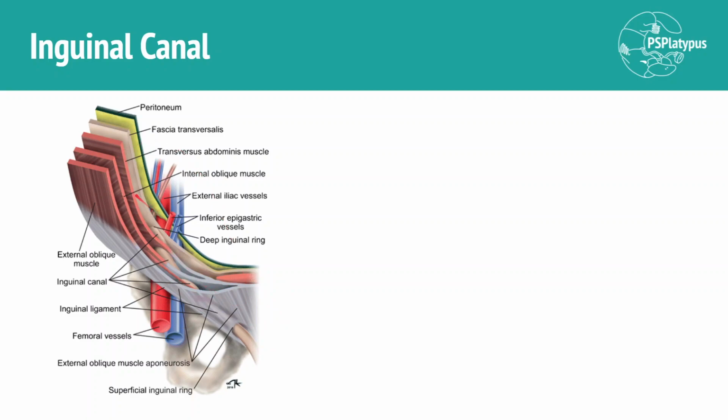In this region, we've got what we call the inguinal canal, which runs through all these layers, which is again why it's a very good idea to get a really good understanding of all of these layers. This inguinal canal starts with a deep inguinal ring here, then makes its way through the layers, and then forms the superficial inguinal ring, which is the opening at the anterior surface, as it extends downwards.